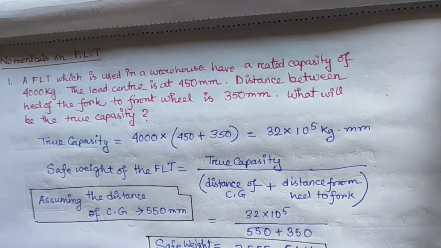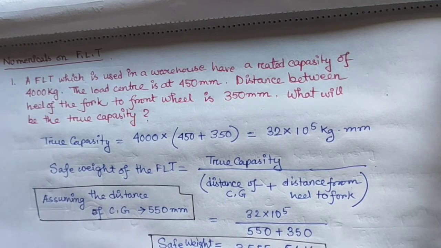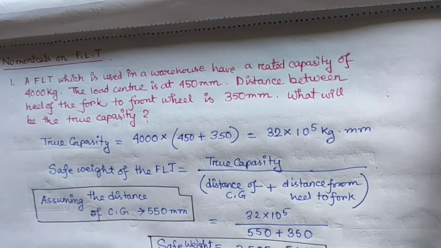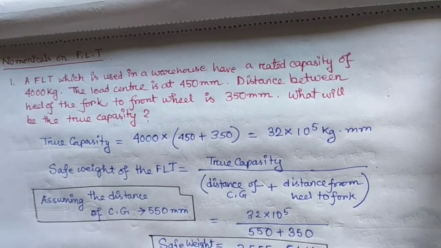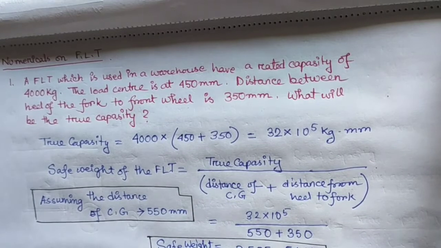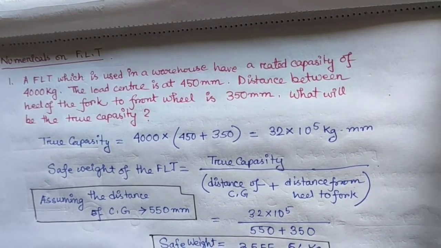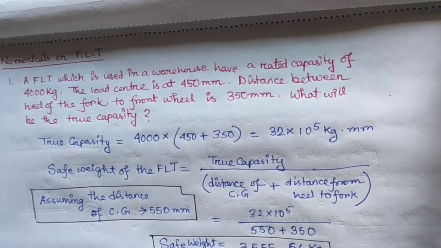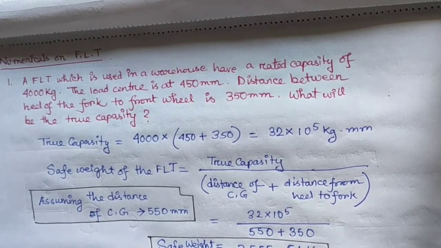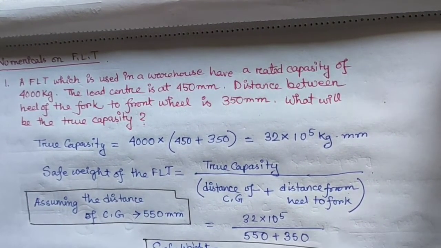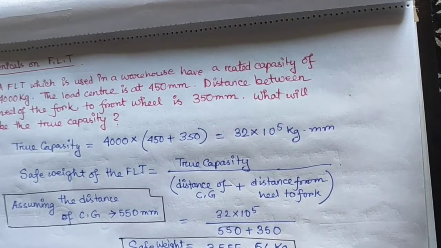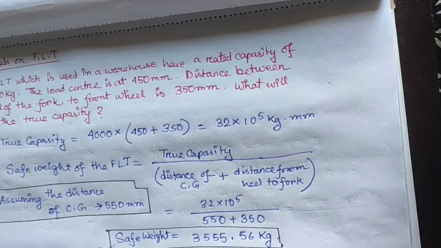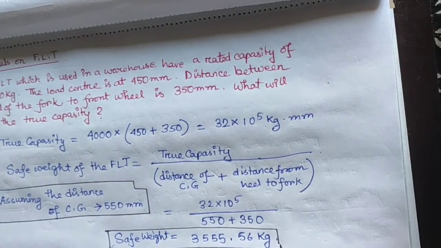Now if we try to find out the relationship between the safe weight, meaning maximum safe weight, and the rated capacity, we'll find that the maximum safe weight W is 0.88 into T rated, meaning the rated capacity.